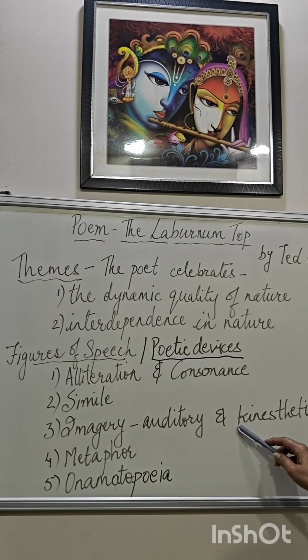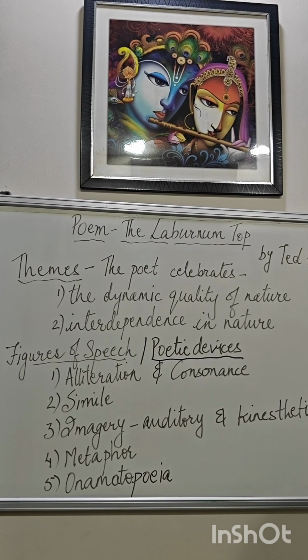There is also a lot of kinesthetic imagery. Kinesthetic means that words which describe the movement of a creature have been used here. And you know very well that words like twitching, suddenness, abrupt, tremor, trembles, flirts, all these words are describing kinesthetic imagery because they are movement words and they create an imagery.